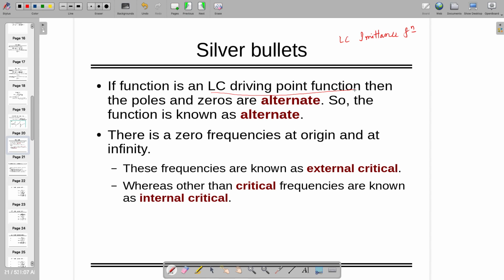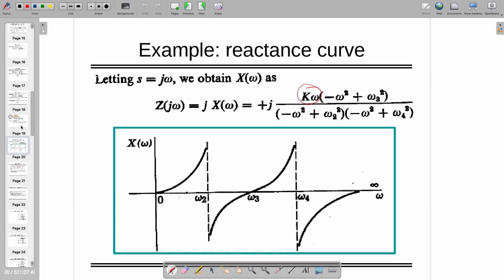But if the transfer function has just simple poles, and when we say simple poles, they are only and only on the j omega axis, with nothing real, then that function is an LC driving point function, and the poles and zeros are alternate. Look at this. What we have made here, the poles and zeros were alternate.